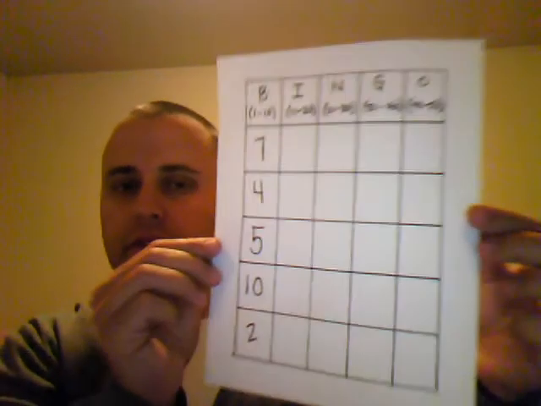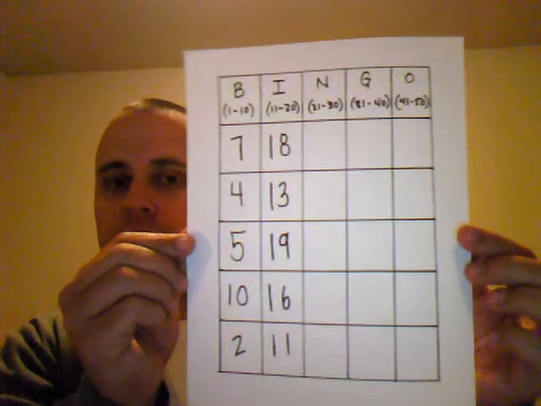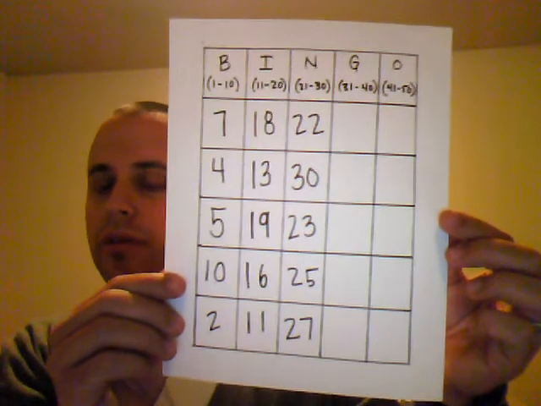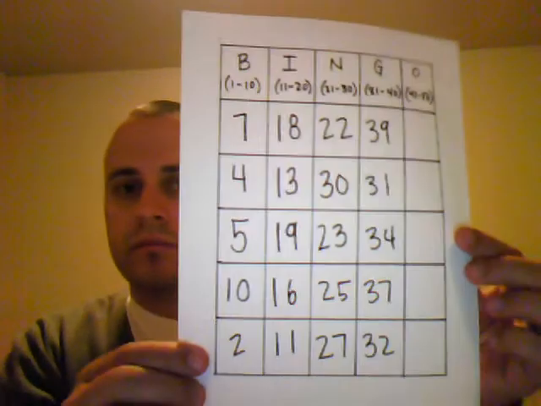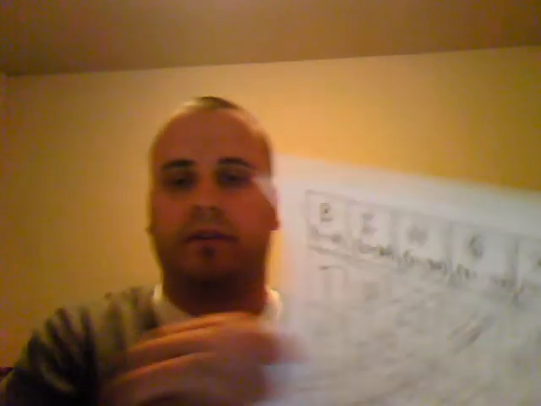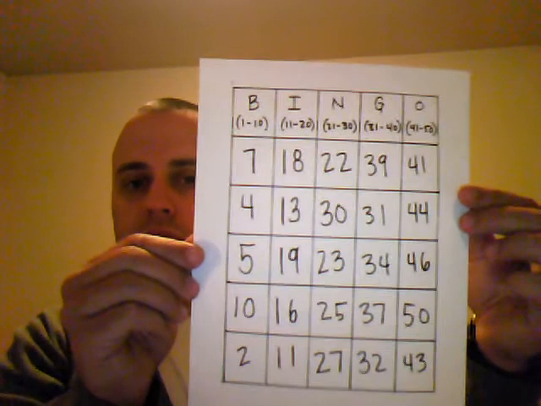Each bingo card would be filled out randomly with 5 numbers from 1 to 10 in the B column, 5 random numbers from 11 to 20 in the I column, 5 numbers from 21 through 30 in the N column, 5 random numbers from 31 through 40 in the G column, and last, 41 through 50 in the O column.